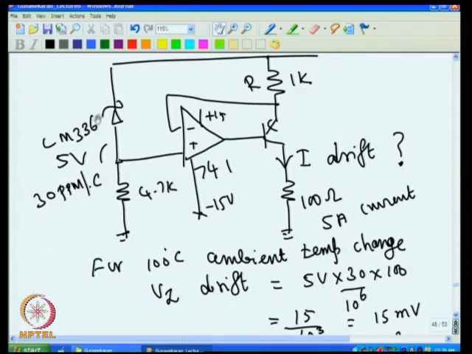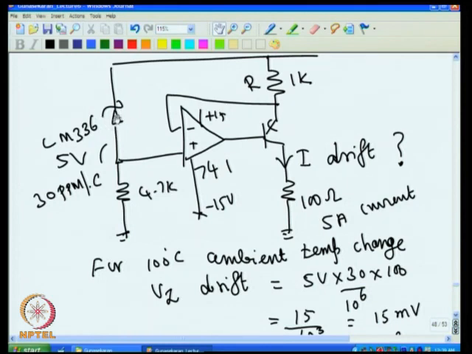The disadvantage in this case is that the Zener diode is not referred to ground. Normally in an instrument you may already have a Zener diode available which is used for some other purpose. The same thing can be used for this purpose, because in the whole circuit the costliest item is the Zener diode. If you want a low temperature drift current, then I use a low drift Zener.